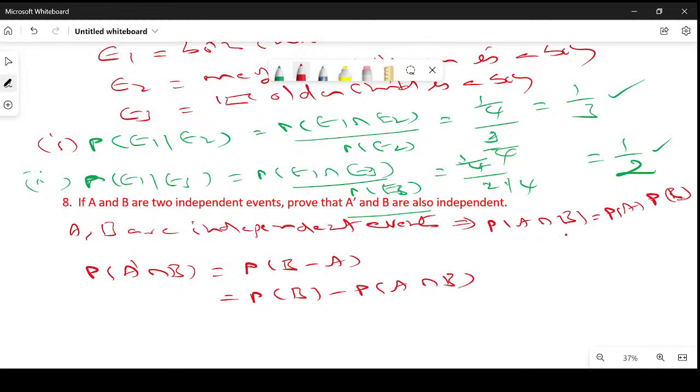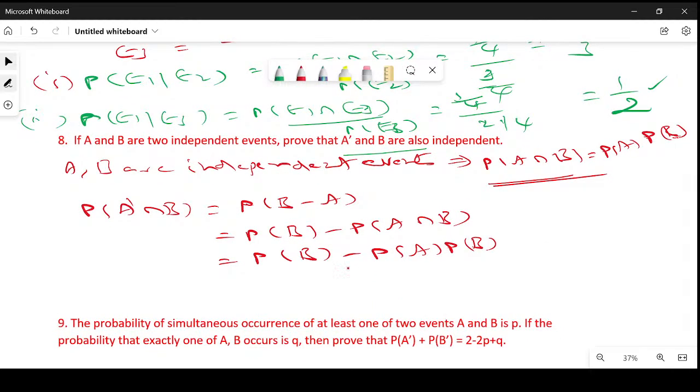But we know that P of A intersection B is P of A into P of B, so I can write P of B minus P of A into P of B. I can consider this because they are given independent events. Now what can I conclude? From this I can take P of B common.